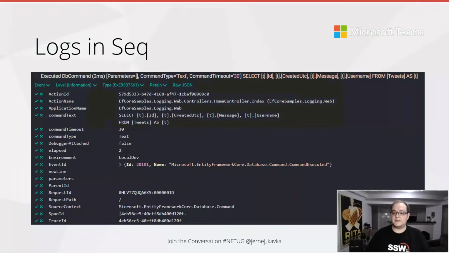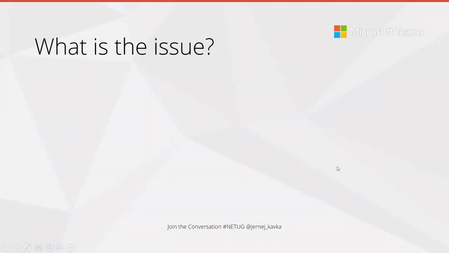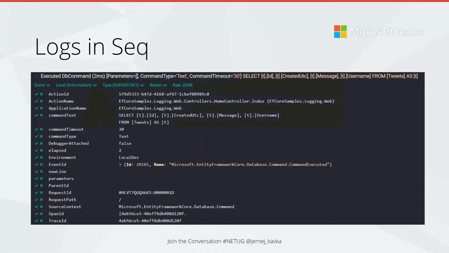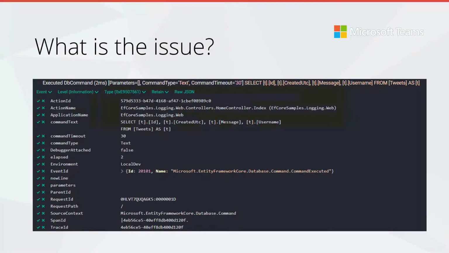So over here, you can see this is just one log for one query, but I get a lot of information. And if we have all of this, what are the issues? Isn't that enough? If we look at this log again, we can see what query got executed. So problem solved, right?